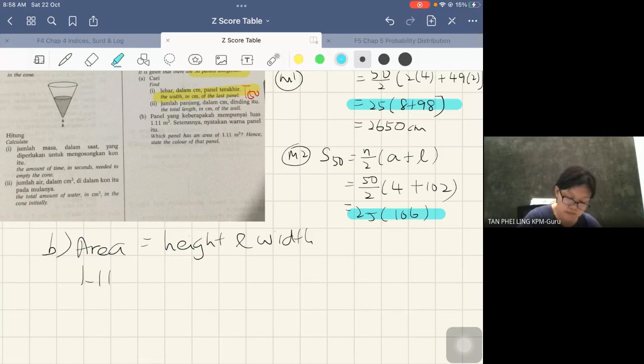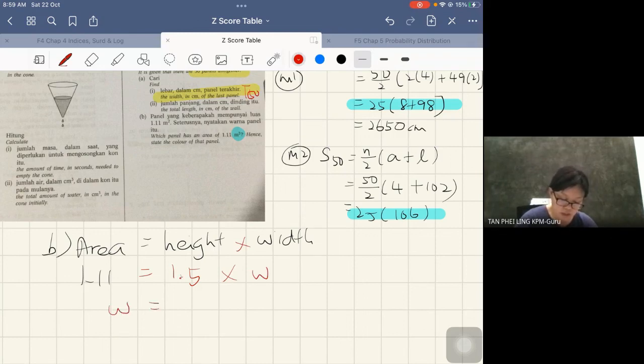My height is 1.5 from just now, right? Times the width, which is the one that I don't know.